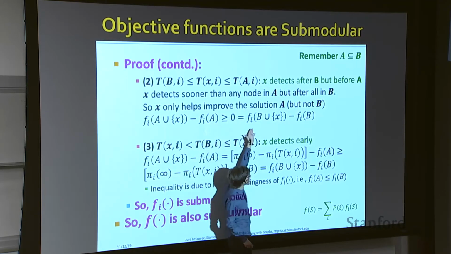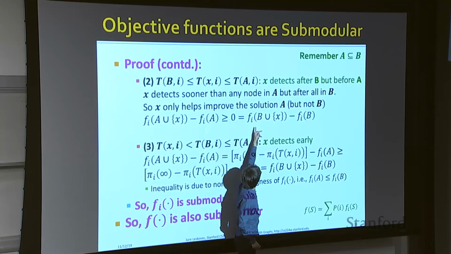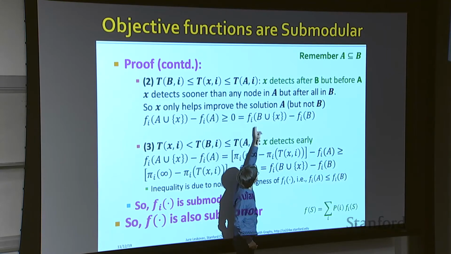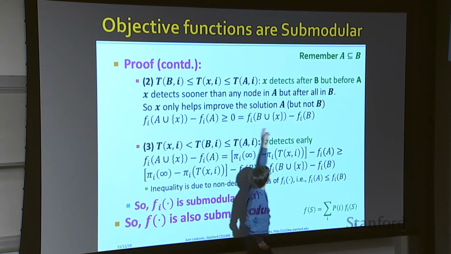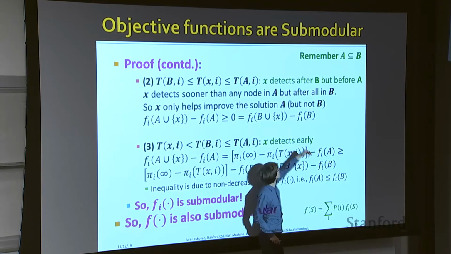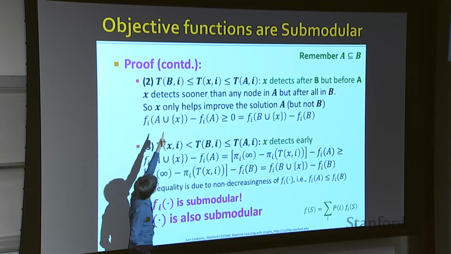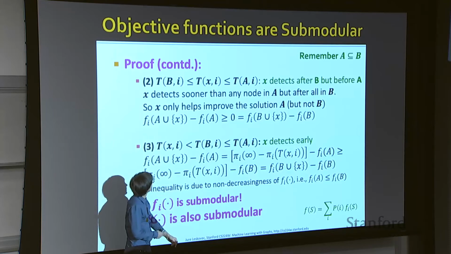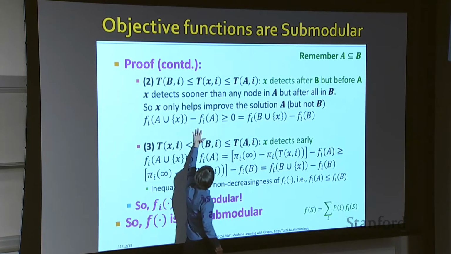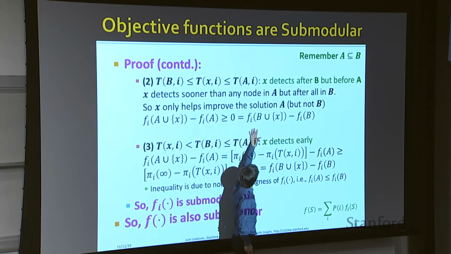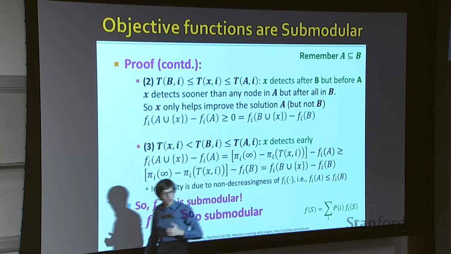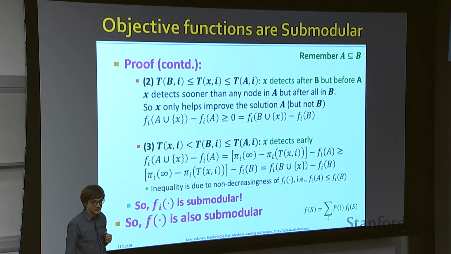But because B was the first to detect, f of B union X is the same as f of B, so this thing will be 0, right? Because X does not detect before B, so B remains unchanged, right? So again, this is greater than 0, and this is 0, so again, our inequality from submodularity holds, okay?